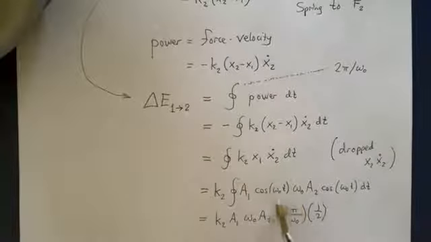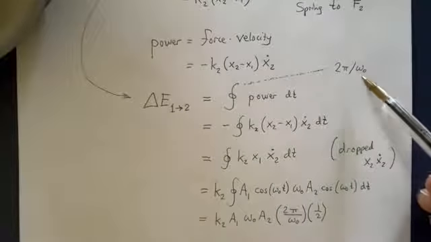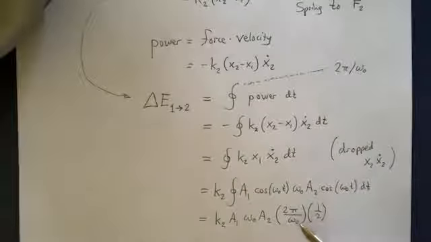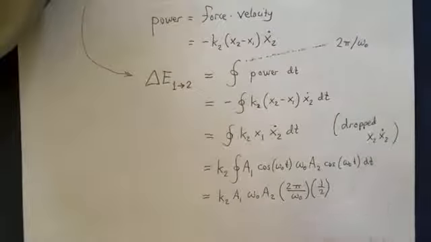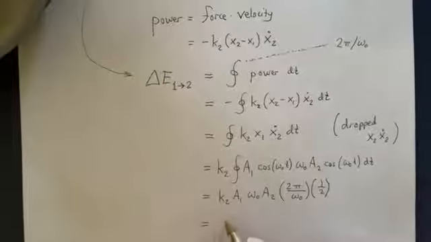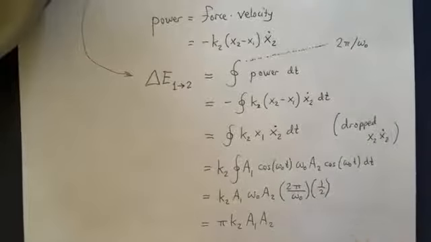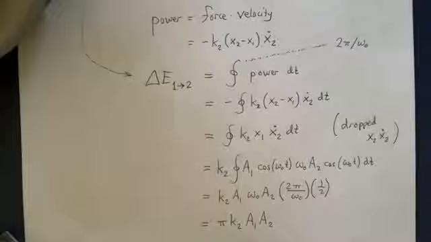And again, that's because the average value of the cosine squared is 1/2, and 2 pi over omega naught is the duration of the interval. That's the length of the interval in the time axis. So there's our answer. We can clean up a bit, and we're looking at pi K2 A1 A2. Okay, and so this is very interesting.